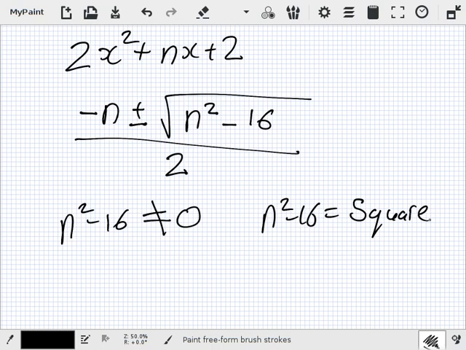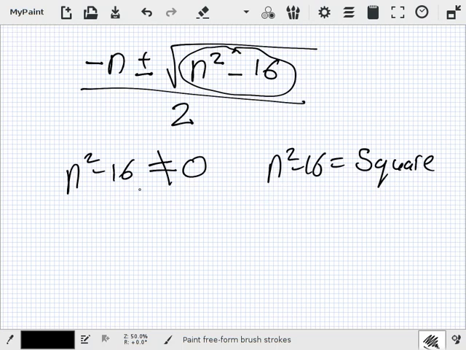Because if this was equal to a square number, what's the square root of a square number? It's a natural number. Like square root of 36, square root of 81. These are all natural numbers. So there's two ways I can get rid of the square root. I can get rid of the square root by making it 0, which I'm not allowed to do, or by making the inside a perfect square.